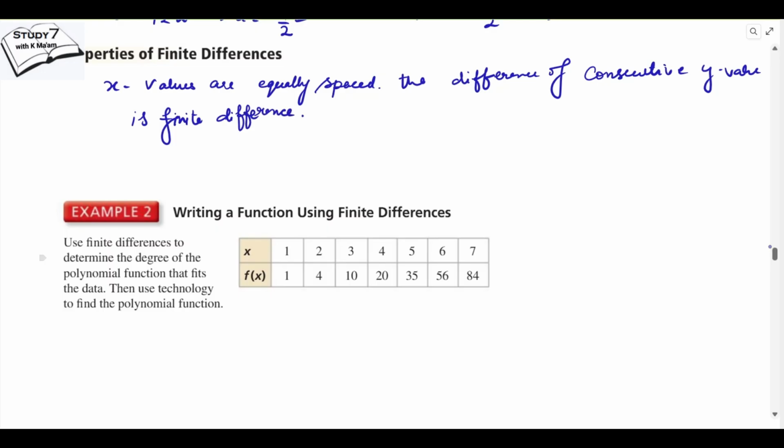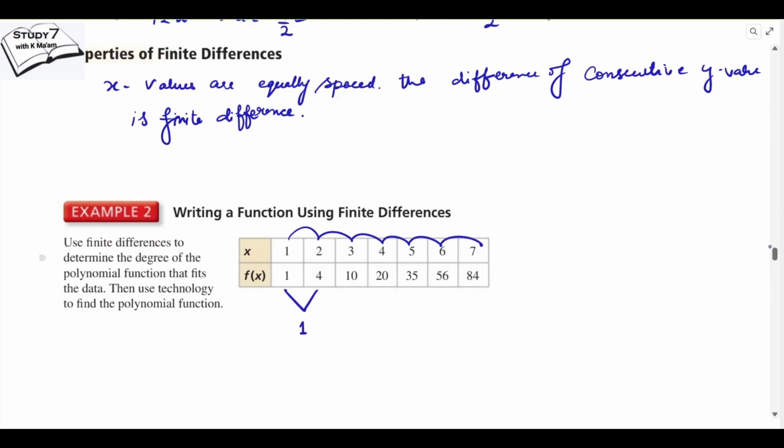Okay, let's see a question. Write a function using finite difference. First I have to check whether this is a linear, quadratic or cubic function, so we are using finite difference. Find the difference: 4 minus 1, 3. You can use this only if your x values are equally spaced.